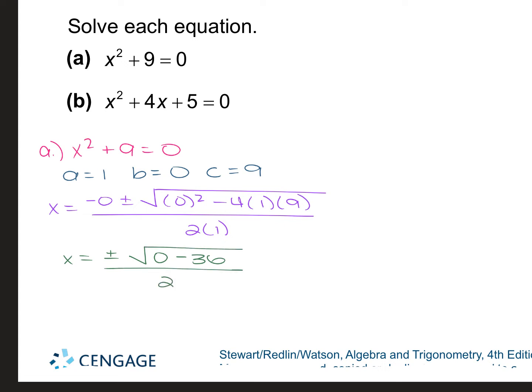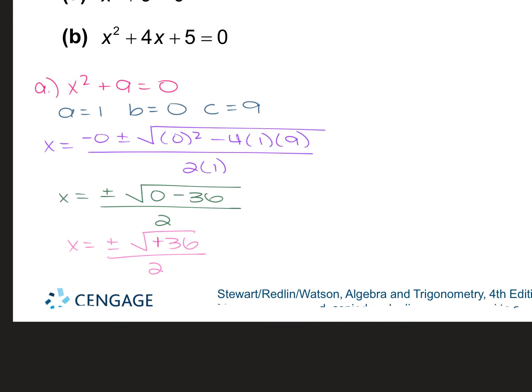That 0 minus 36 is just negative 36. So x is equal to plus or minus the square root of negative 36 all over 2. This simplifies because that negative underneath the square root becomes i, and then you're taking the square root of 36 all over 2.